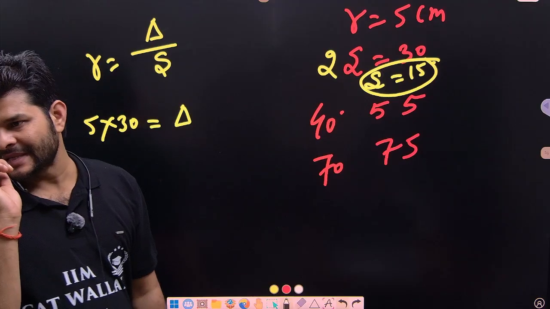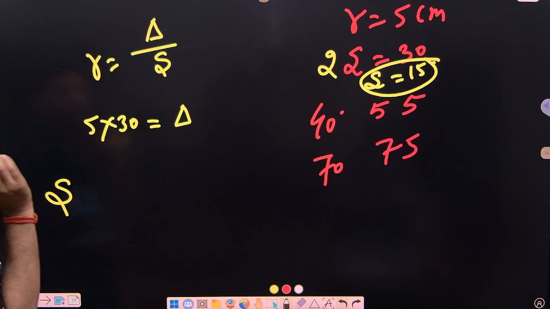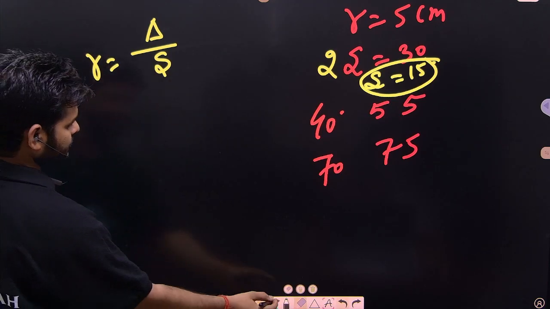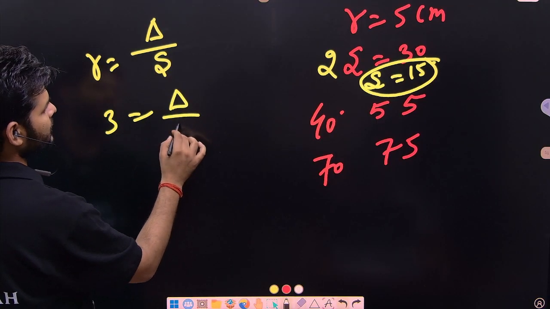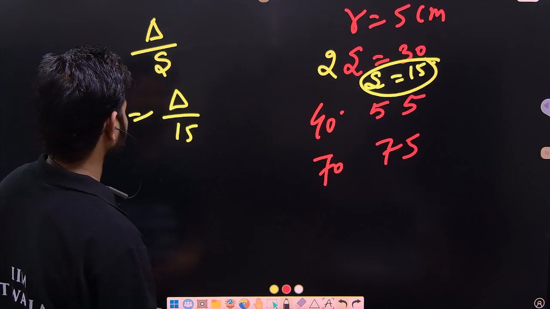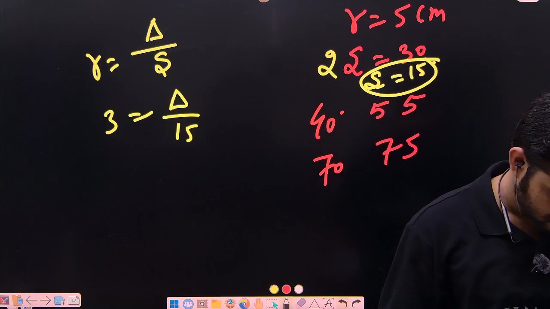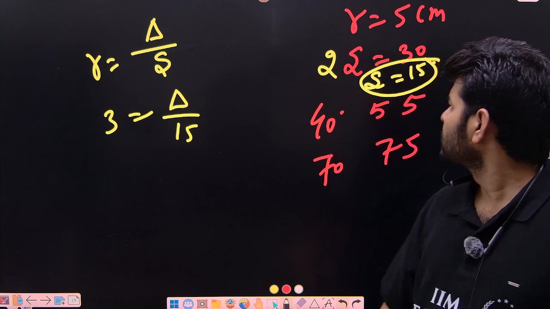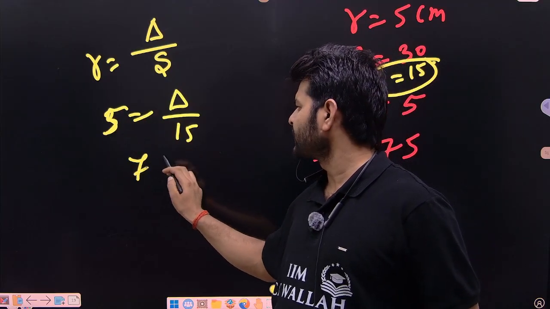So we have to put the semi-perimeter: 5 into 15. So the answer would be 75.